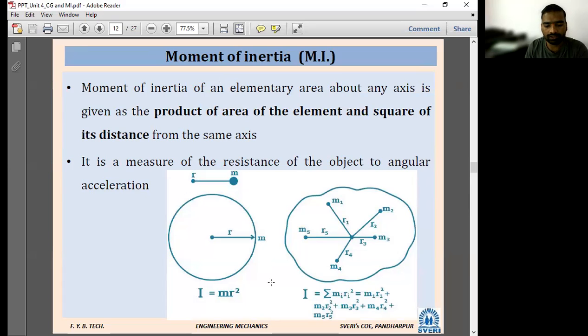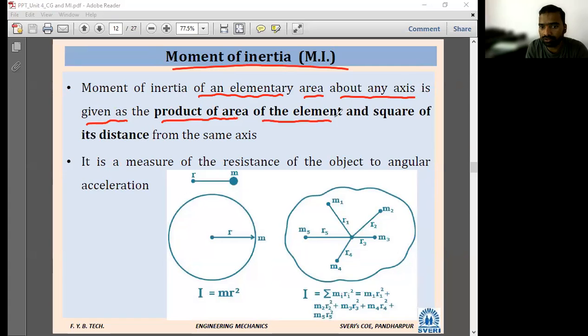So the next point is moment of inertia. Moment of inertia of an elementary area about any axis is given as the product of the area of the element and the square of its distance from the same axis.